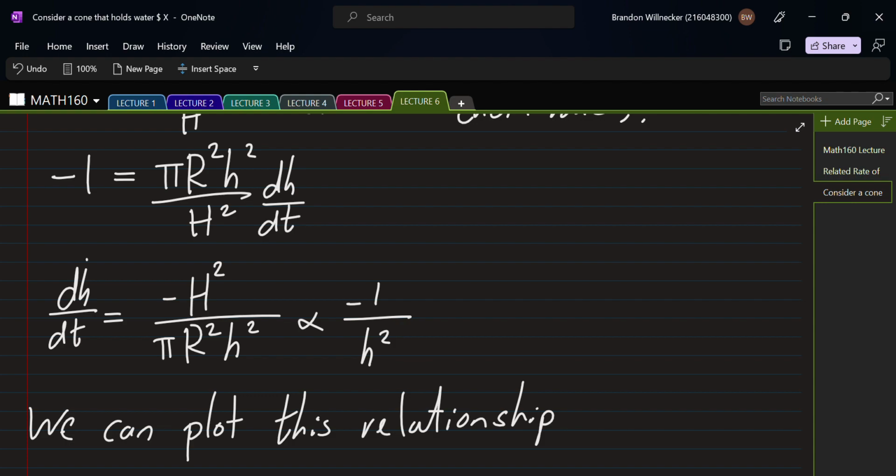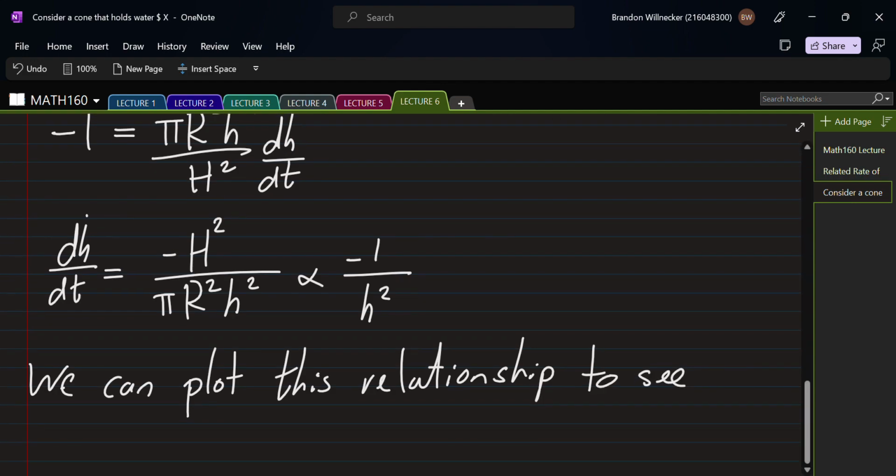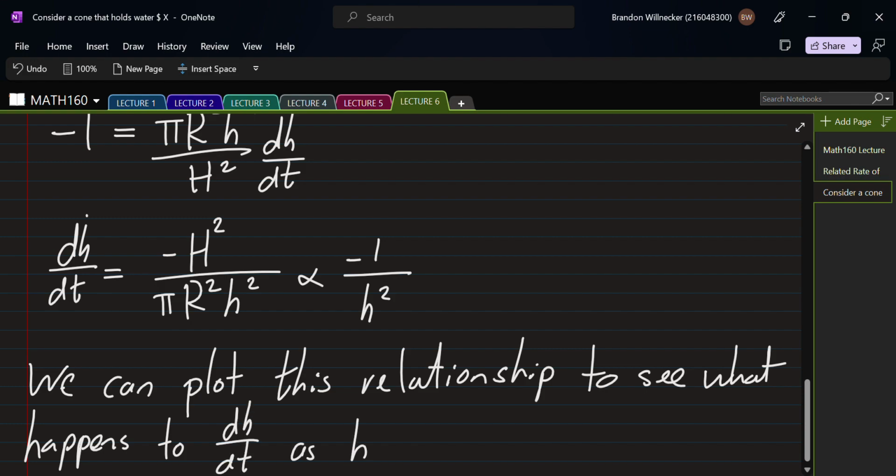Or you can just substitute some values. So maybe when h is a large value, what do we get? As h gets smaller, what happens to dh by dt? So we can plot this relationship to see what happens to dh by dt as h goes to 0.